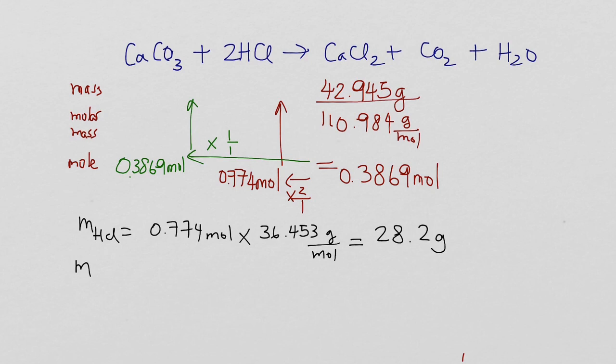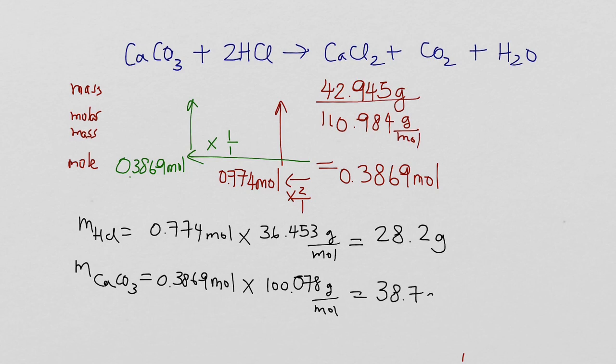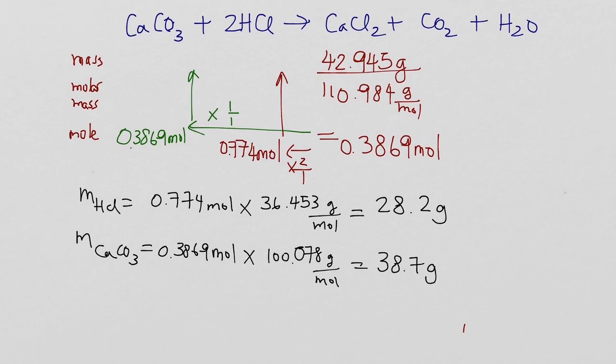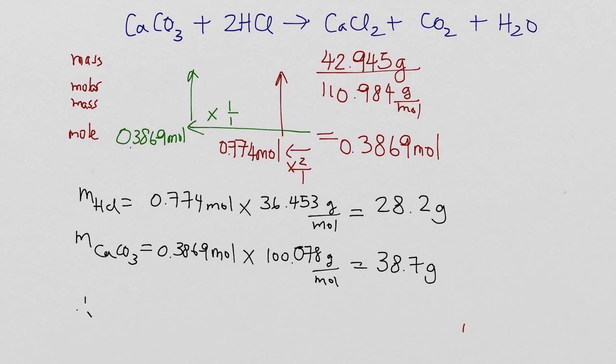And then the mass of calcium carbonate is equal to 0.3869 moles times 100.078 grams per mole. Should be around 38.7 grams.